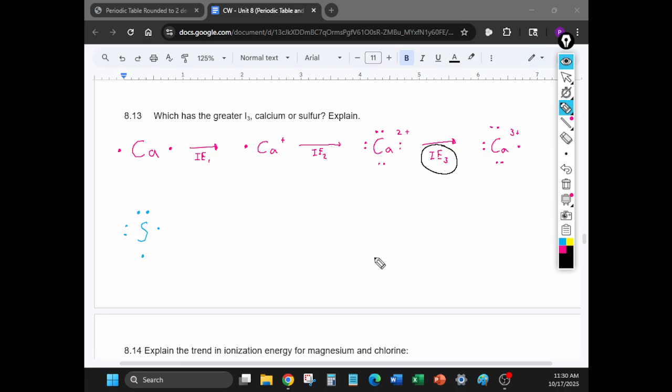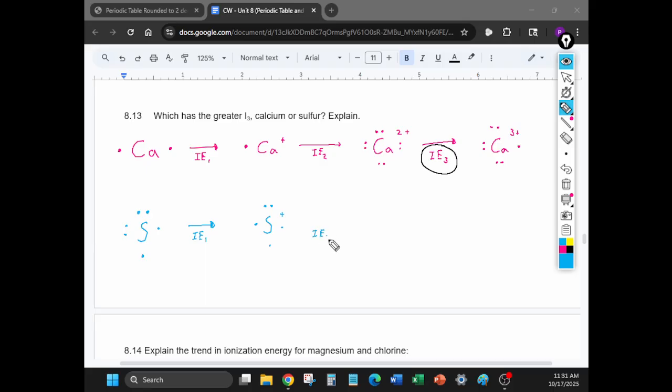So we got to look at what happens when you do sulfur. Okay, so let's draw what happens to sulfur when you do IE3. So first ionization energy, you're removing an electron, so it's going to become S plus, and it's going to have 5 valence electrons.